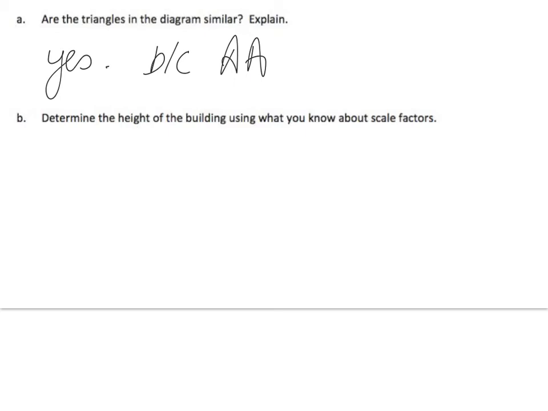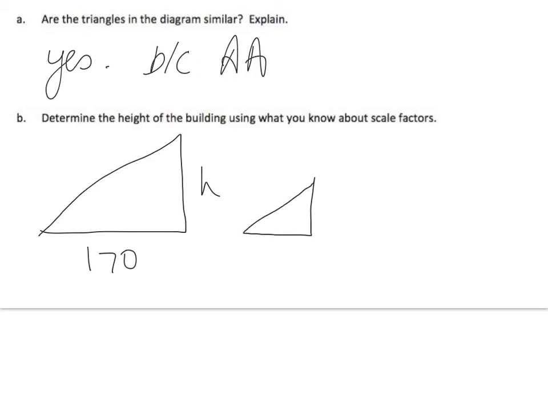So I need to figure out the scale factor between the two triangles. I think I had the big one 170 and h, and then the little guy, what was it? 60 and 35. Let's do scale factor just between two sides.